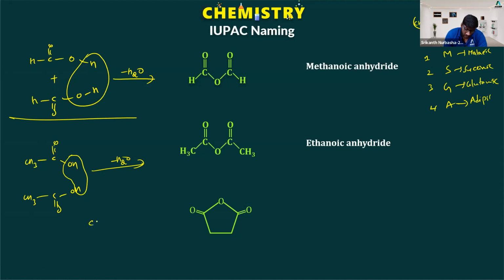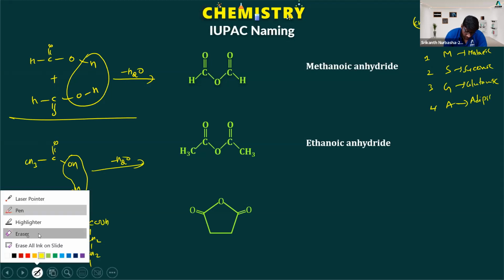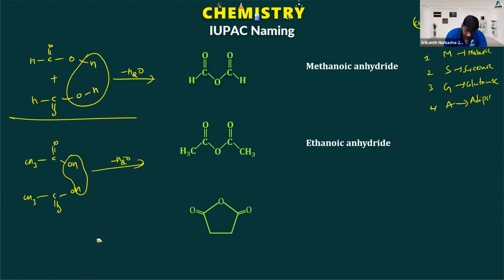That means you have COOH, CH2, CH2, COOH. This is nothing but your respective succinic acid. And in the same molecule itself we have two COOH groups, so it will undergo loss of water to form C double bond O, C double bond O, CH2, CH2.